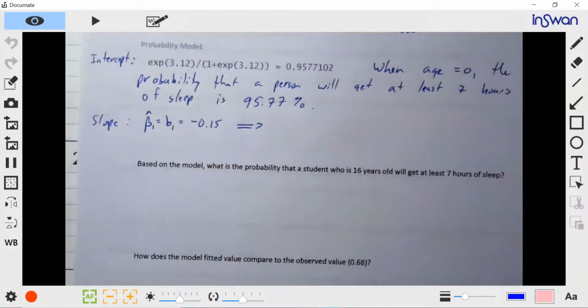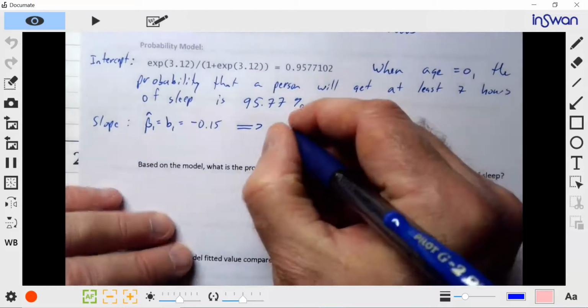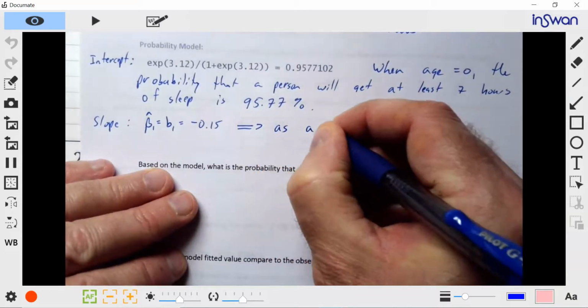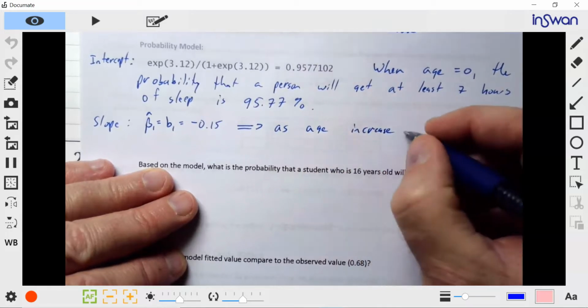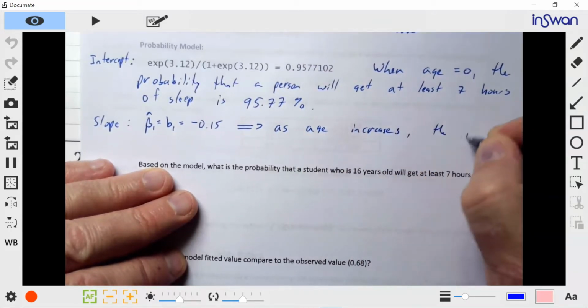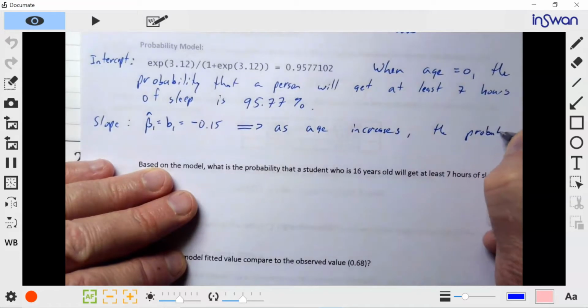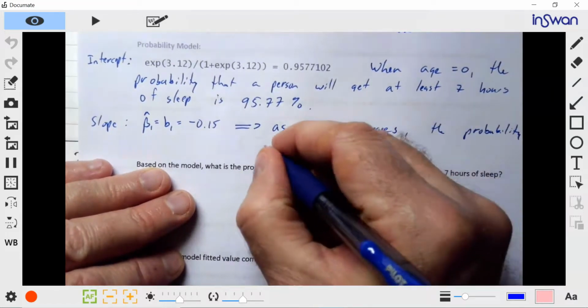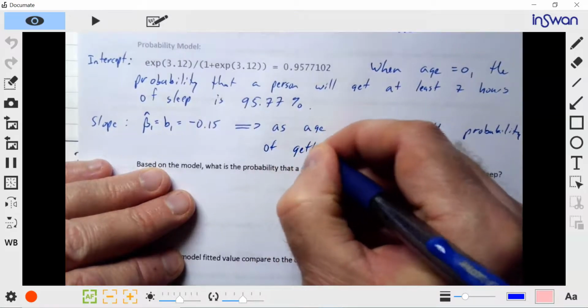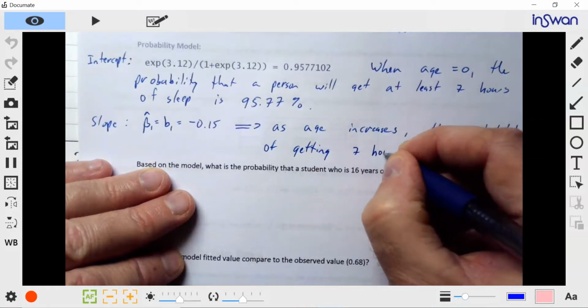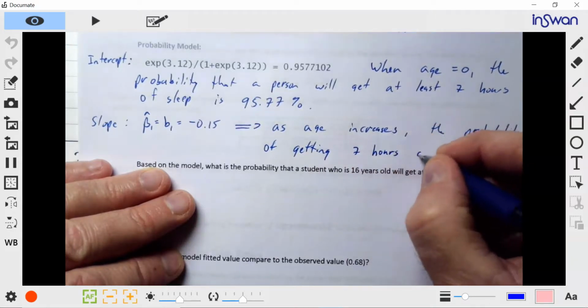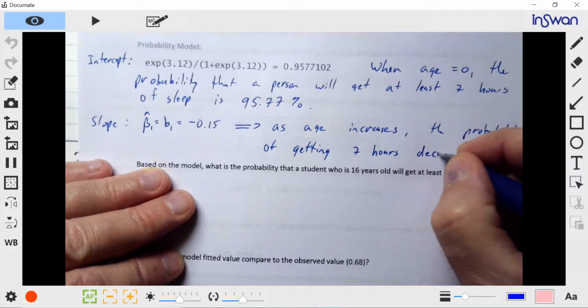If I want to interpret that number, it's much easier to think just as age increases, the probability of getting 7 hours of sleep, I'm going to shorthand this, decreases.